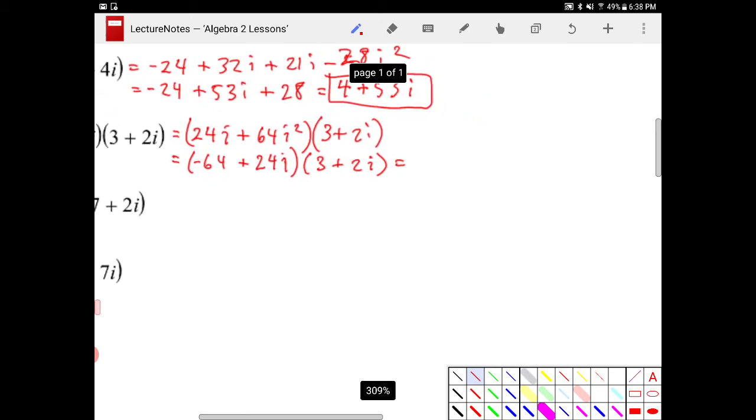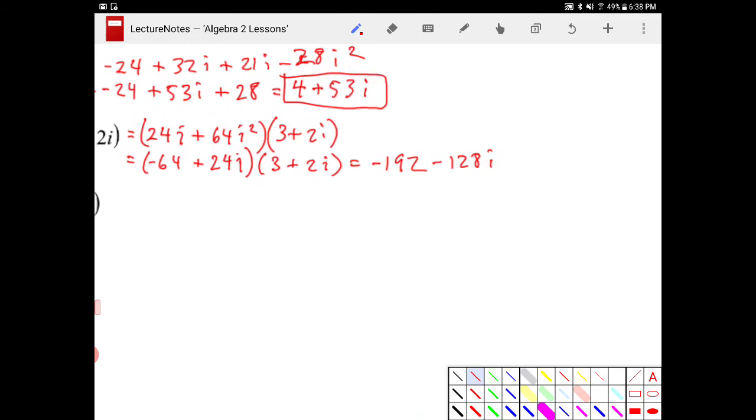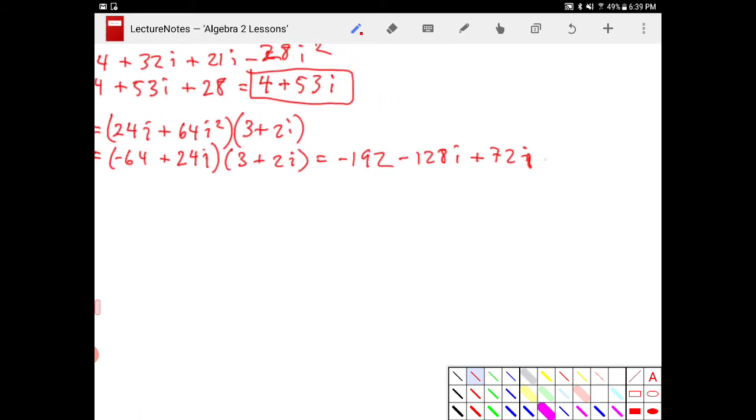Negative 64 times 3, what is that? That is negative 192. Negative 64 times 2 is minus 128i. Then I have 24 times 3, that's 72, so plus 72i. And lastly, I have 24i times 2i, that's 48i squared, so plus 48i squared. If we combine everything together now, we get negative 192, negative 128i plus 72i.